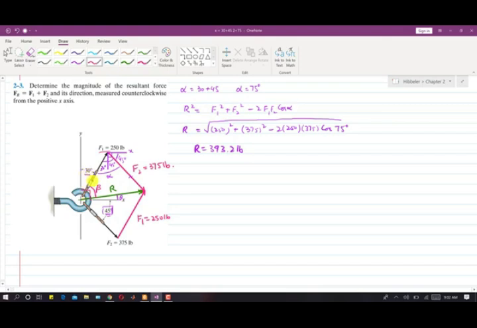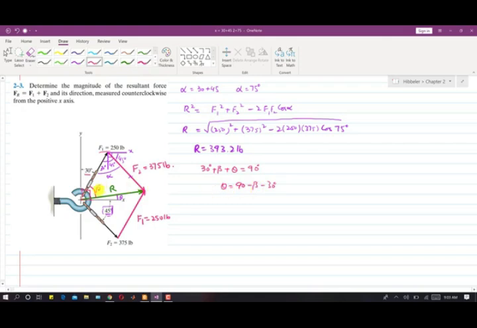So 30 degrees plus beta plus theta is equal to 90 degrees. All of these angles are complementary angles. So if we find beta, then theta will be equal to 90 minus beta minus 30 degrees.